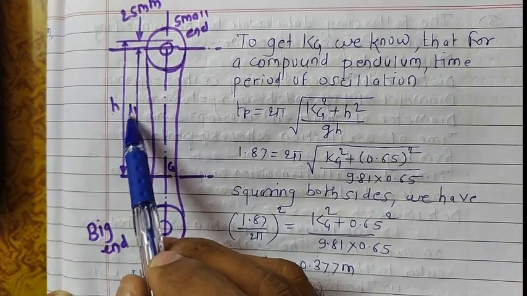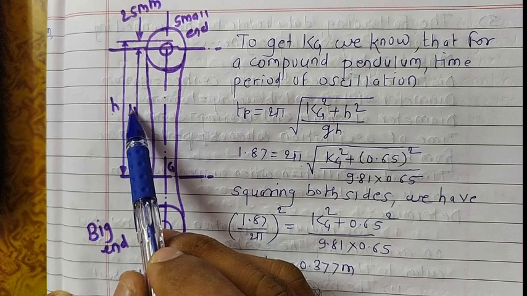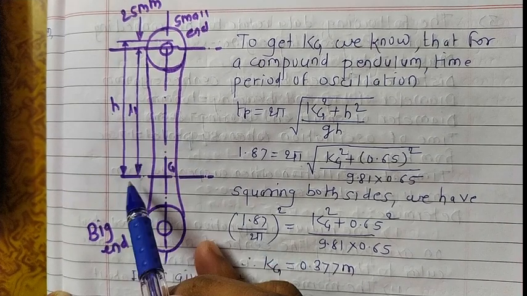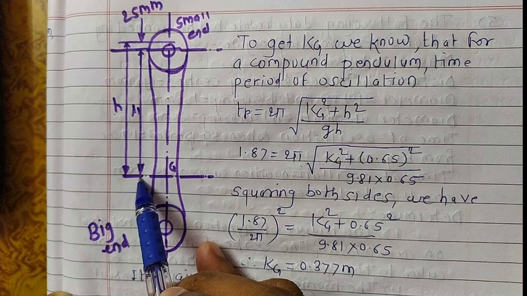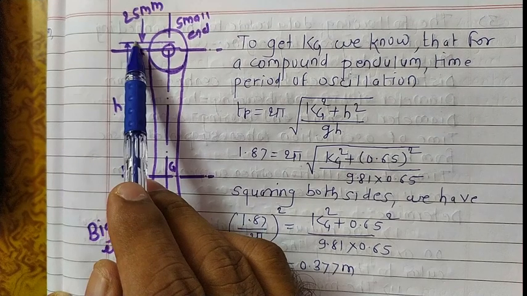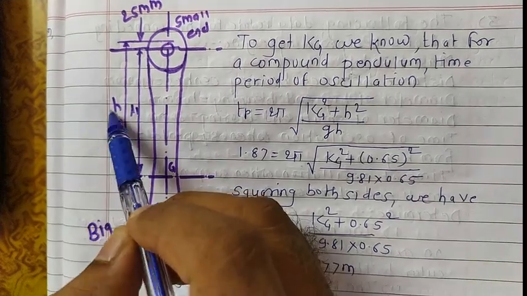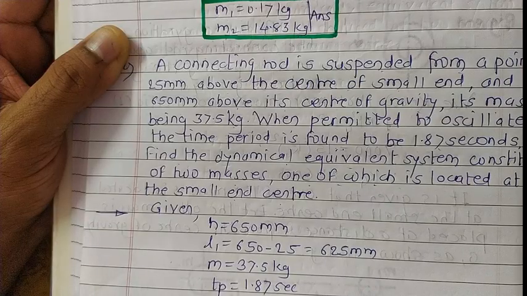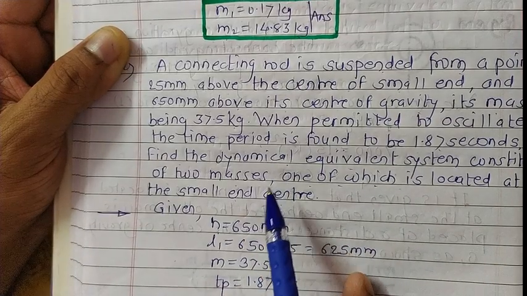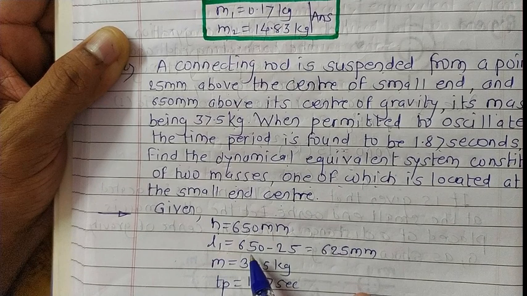This distance from the center of gravity point up to the top, we know 650 mm is given. So what about this L1? L1 is h minus this 25. In this way you can get the value for L1 as 650 minus 25, means 625 mm.